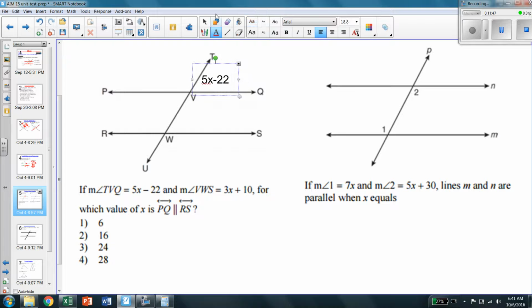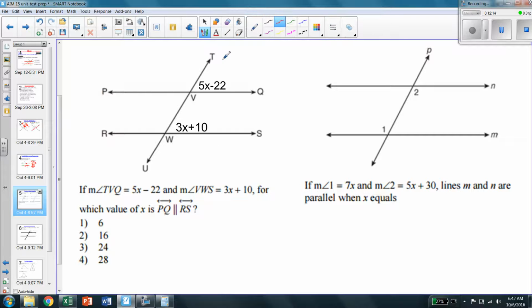I'm going to type it in this time. Make that small. Okay. And the measure of VWS is 3x plus 10. Shrink it down. Okay. For which value of x is PQ parallel to RS?